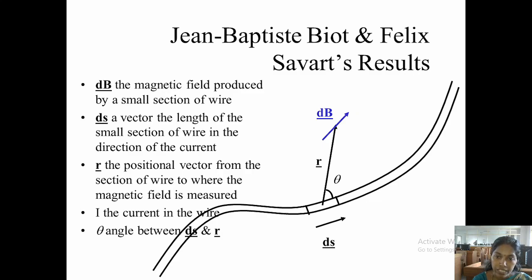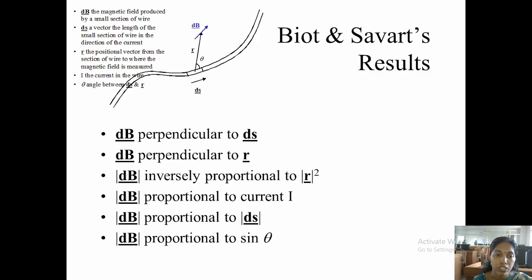So dB is the magnetic field produced by the small section. The section length is ds, and I is the current flowing in this conductor. Theta is the angle between ds and r vector, and dB is what we are interested in calculating using the Biot Savart Law.